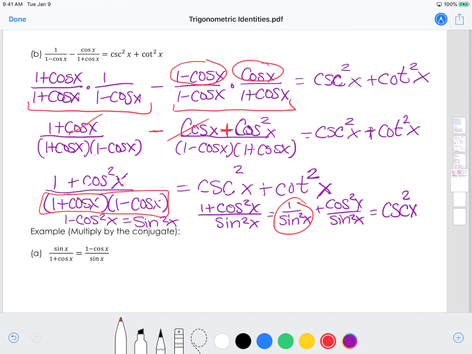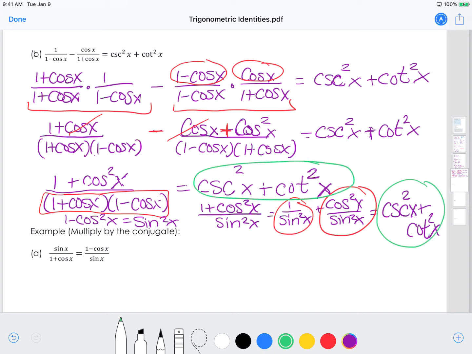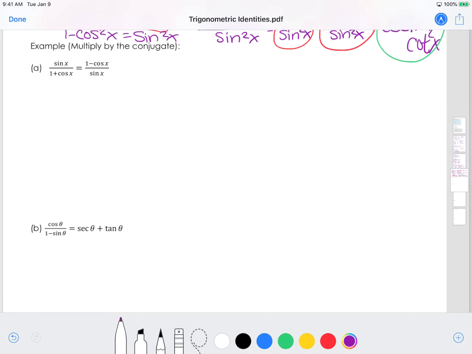So if I take that sine squared and bump it in the numerator and I flip it upside down, it's going to become cosecant squared. And cosine squared over sine squared is equivalent to cotangent squared. So I just showed that this is equal to this. And we are done.